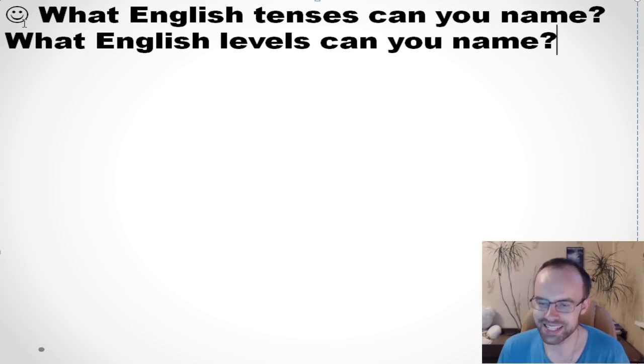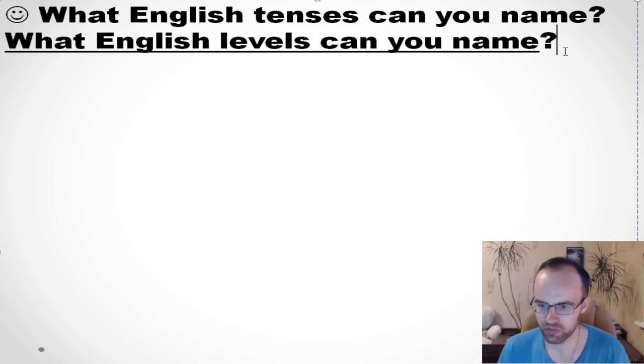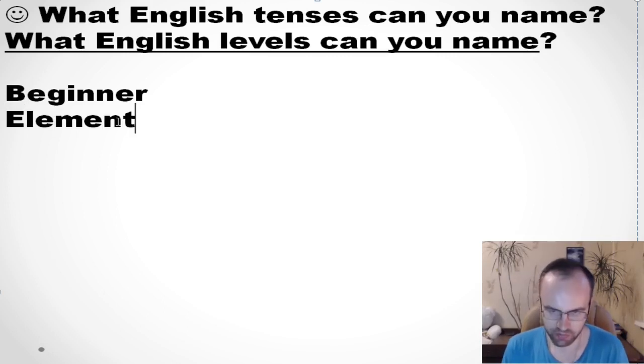Okay? Let's start with the second question. What English levels can you name? Okay, so really, what's the first level? So, beginner, right. Next, elementary. Okay, very good, my friends, excellent.